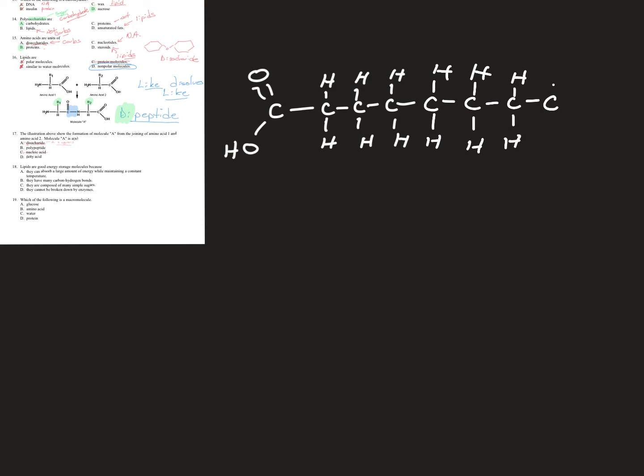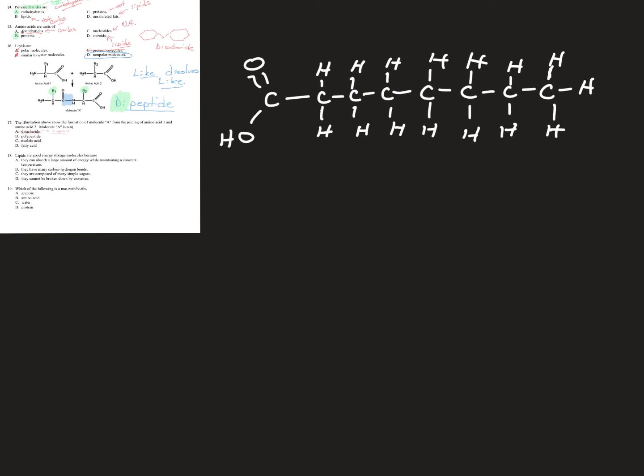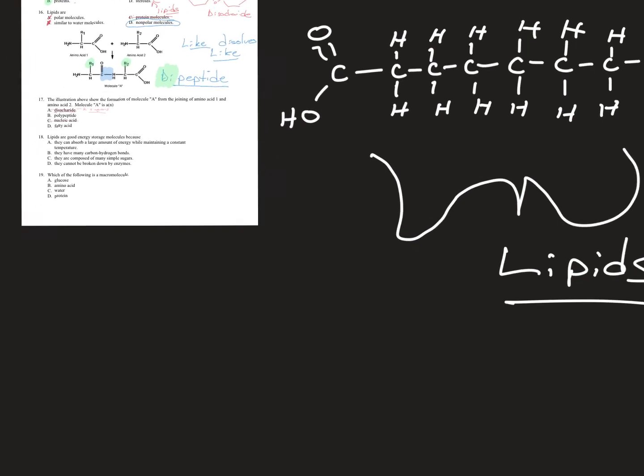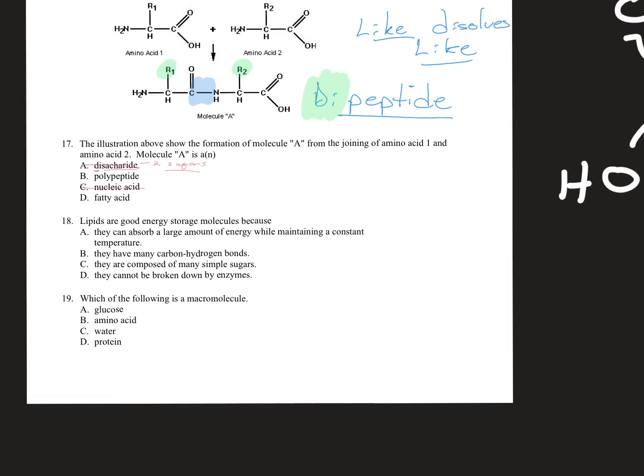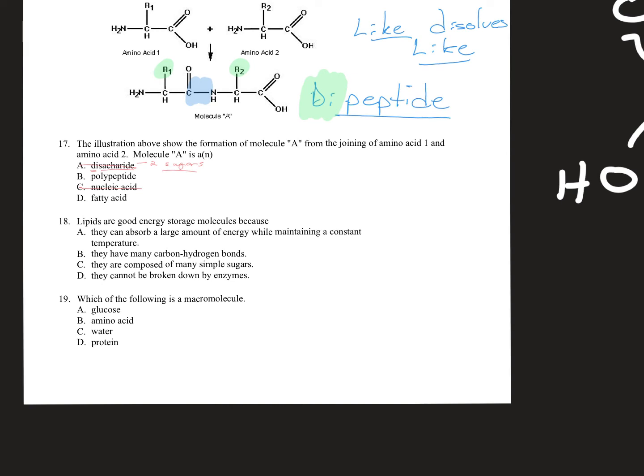We don't call them nucleic acids. We don't call them carbohydrates. We call them lipids. So a fatty acid is a form of a lipid. So does a fatty acid have nitrogen? No. Does this have nitrogen? Yes.